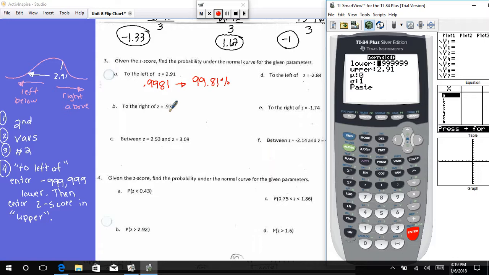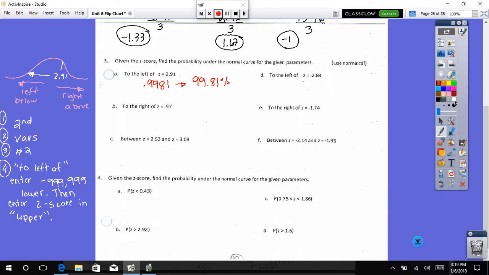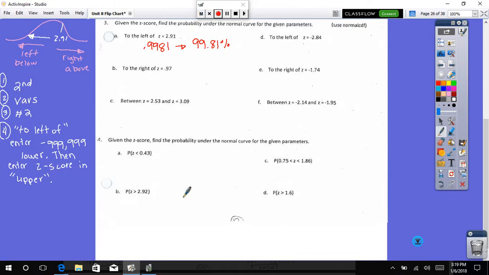This time I know my lower, which is 0.97. I don't know my upper, so I'm going to add a positive 999,999, meaning I want it to go forever in the positive direction. I'm going to add that over here to our steps.